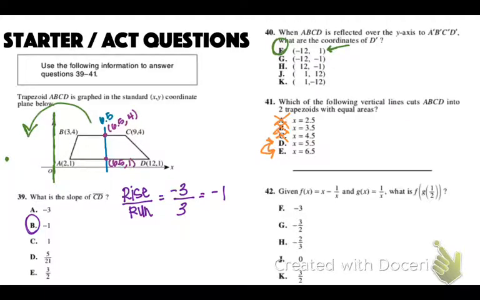Okay, so let's find the area of this side. I'm just going to do it by making 2 triangles there. The height for both of these triangles is going to be whatever this height is, so it's going to be 3.